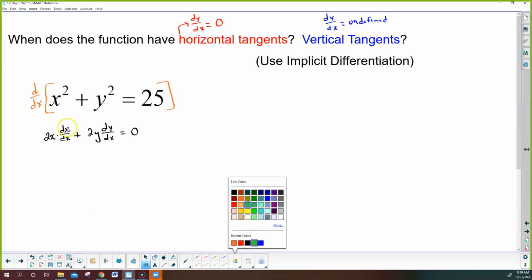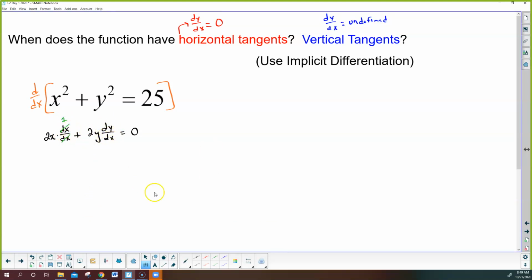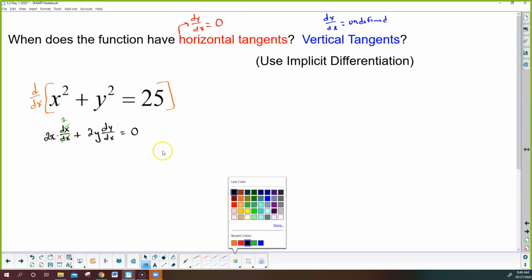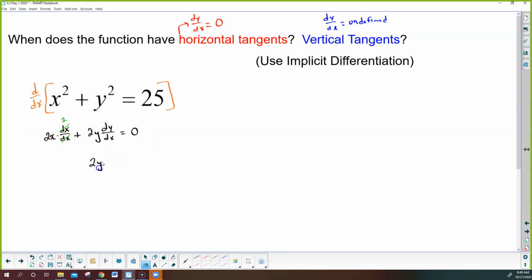All right? Well, now the dx dx will always reduce out, but dy dx is what we want to solve for. You might be able to do this all in one step, right? Because you're going to have to subtract the 2x over to the other side. And then you're going to isolate the dy dx, so you have to divide by 2y.